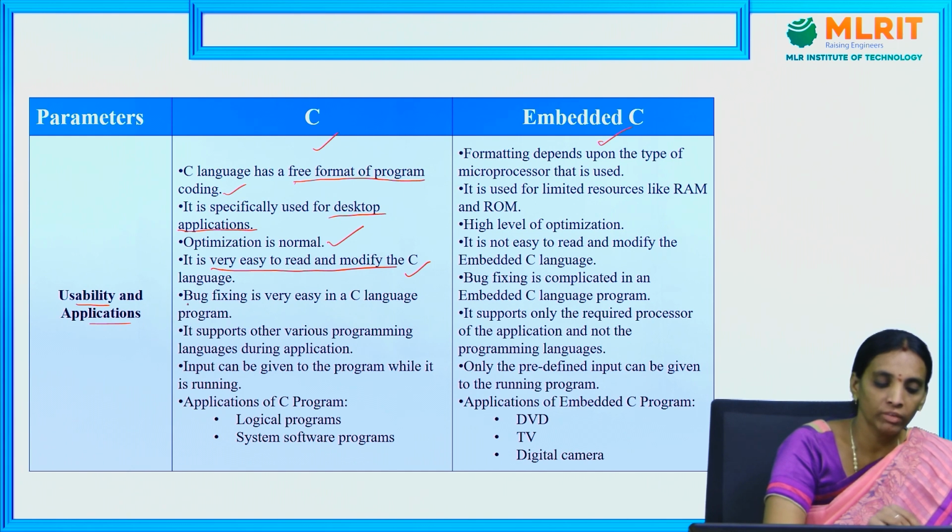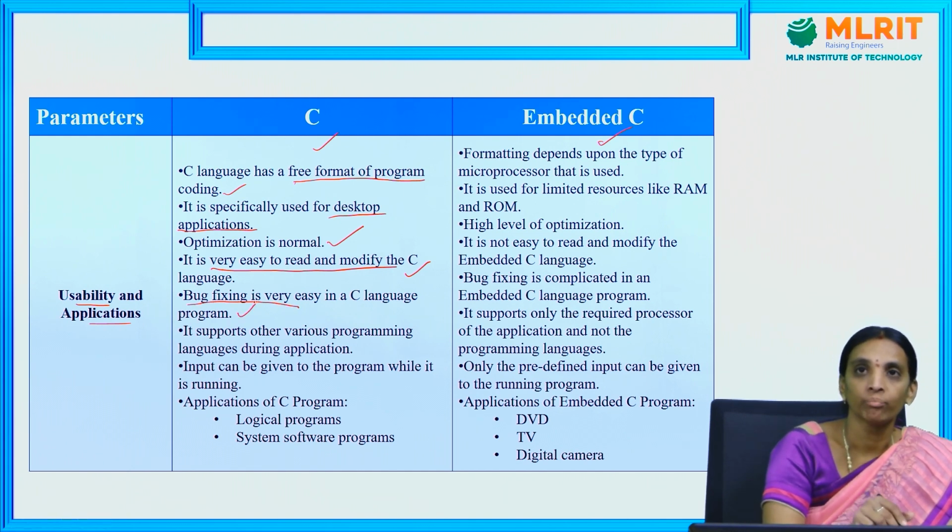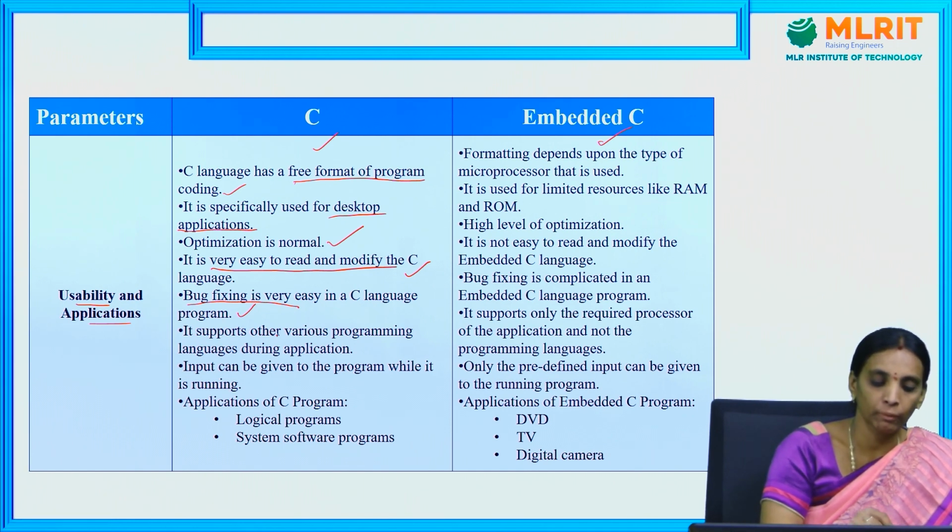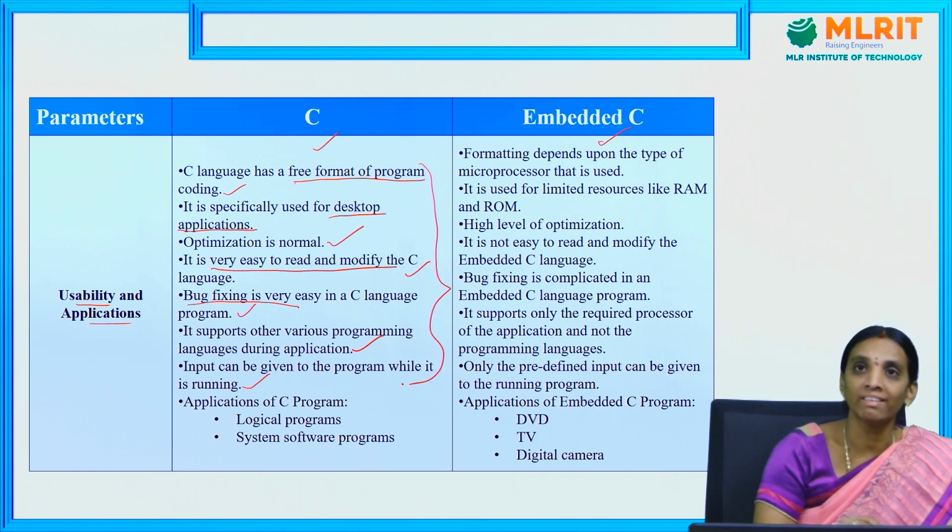Bug fixing is very easy in a C language program, as it is hardware independent and platform independent. It supports other programming languages during application. Here input can be given to the program while it is running only. So these are the advantages of using C language.